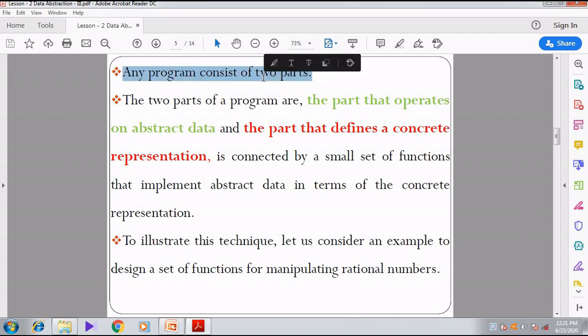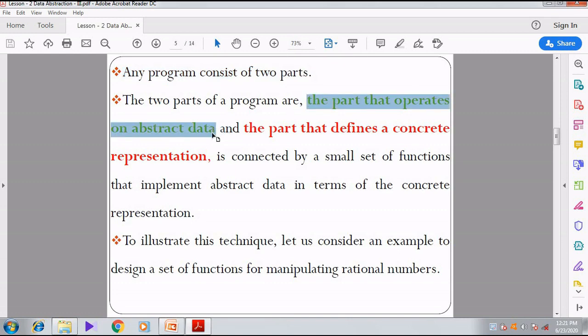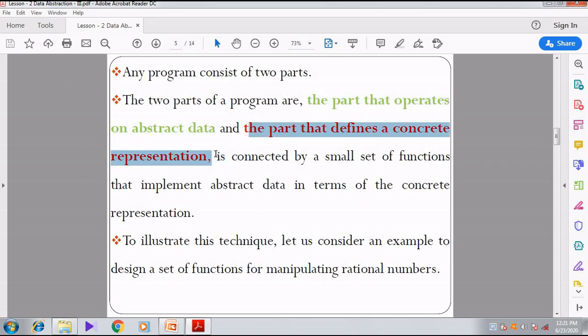The first part is the part that operates on the abstract data. Abstract data means where the data is taken as an assumption. And then the part that defines the concrete representation. So both will be there: one is an assumption value and another one is a real value.